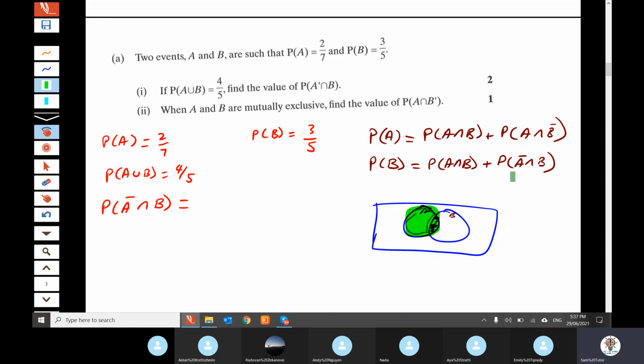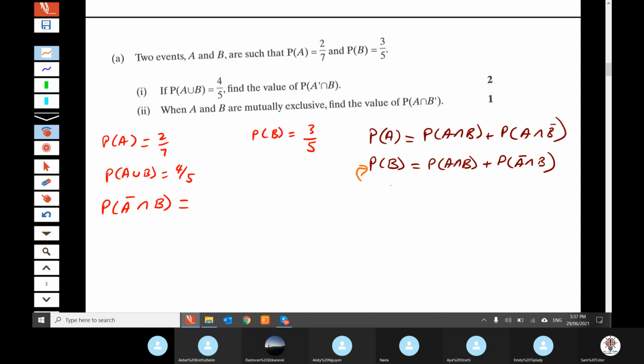And then obviously the other way around for the probability of B. That's why the question says find the probability of not A and B. So we're going to be using this formula. We already know the probability of B is 3/5, and we need the probability of A and B.